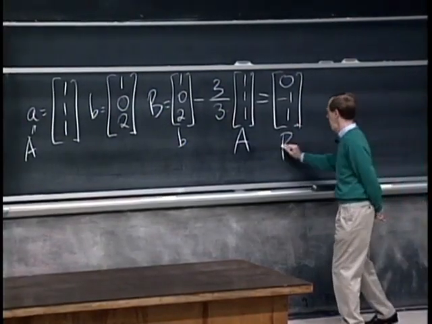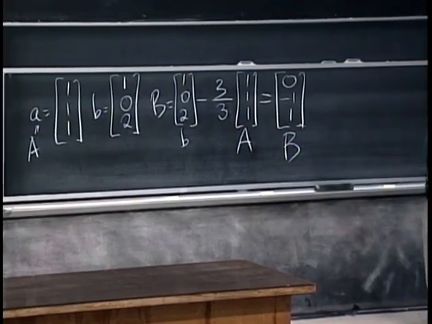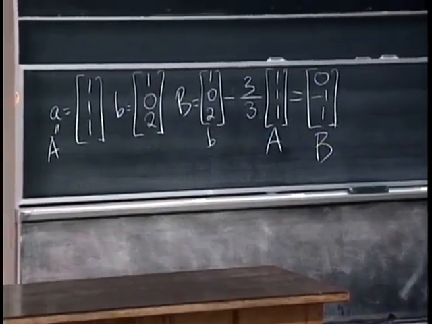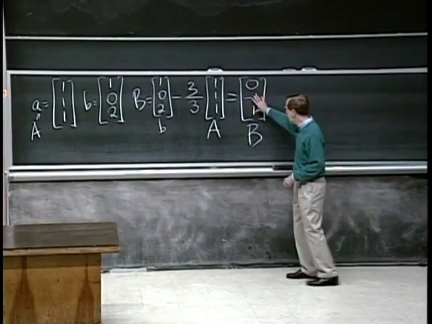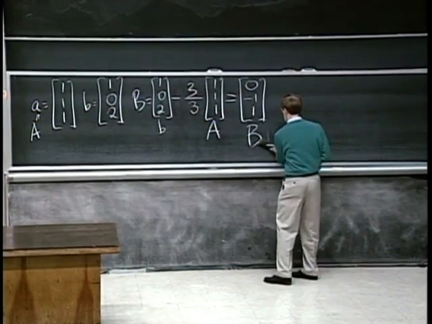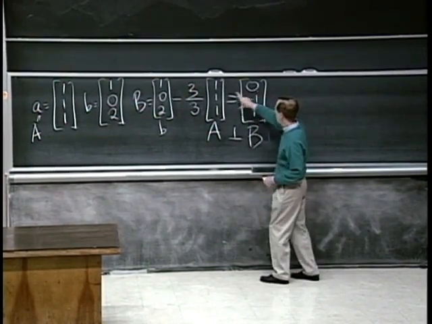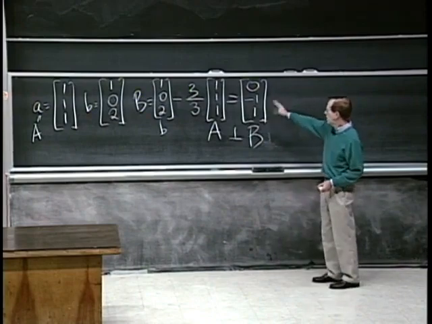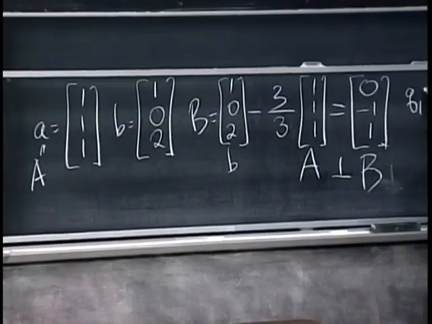Okay. And what's this vector that we finally found? This is B. And how do I know it's right? How do I know I've got the vector I want? I check that A and B are perpendicular. That A is perpendicular to B. Just look at that. The dot product of that with that is 0. Okay. So now what is my Q1 and Q2?